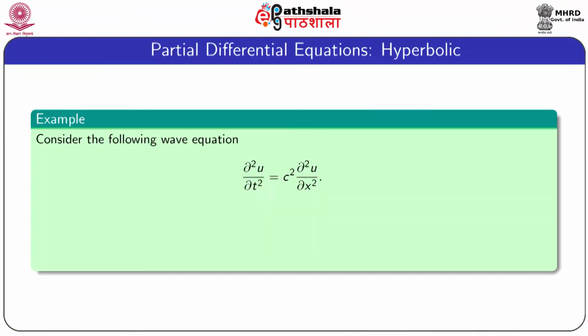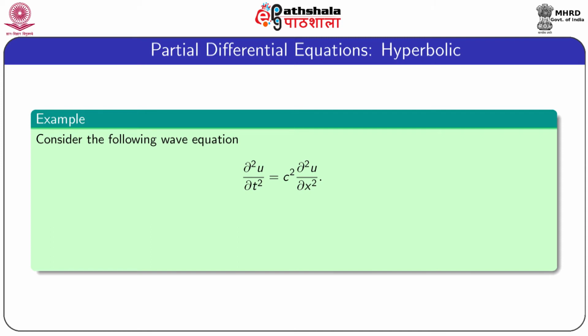The explicit method gives a stable solution if the parameter r satisfies the condition 0 less than r less than half. So, if this condition is satisfied, then the method gives a stable solution. Now, we explain this method by considering an example, and next time we shall present two implicit methods to solve hyperbolic partial differential equation.